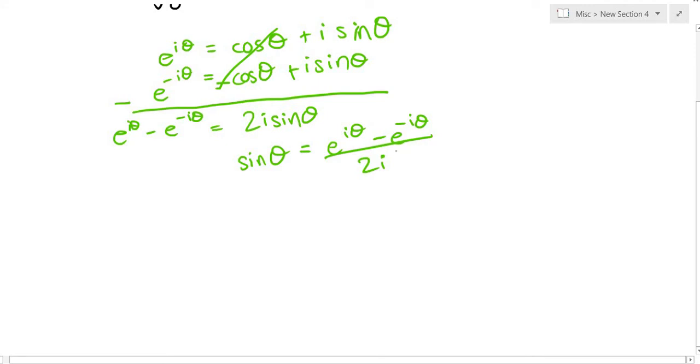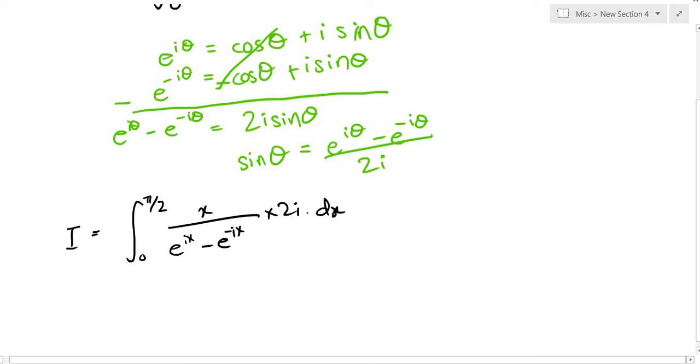Let's plug that into our original problem. So now we can write I as the integral from 0 to pi over 2 of x divided by, instead of the sine of x, e raised to ix minus e raised to negative ix divided by 2i, and then the 2i goes on top, you just flip it, dx.